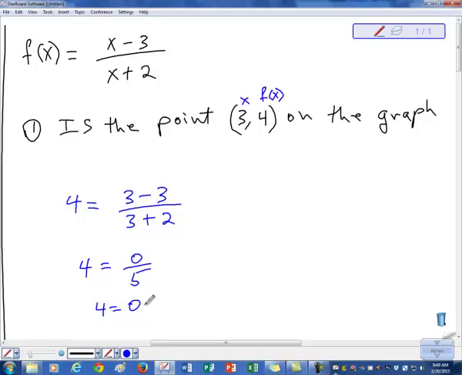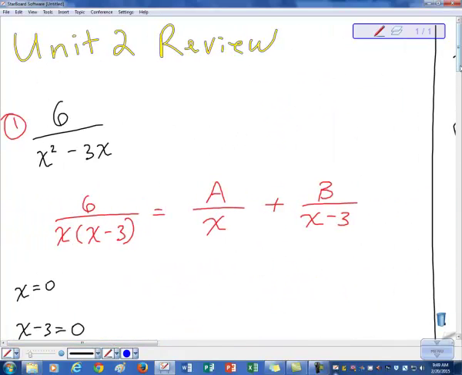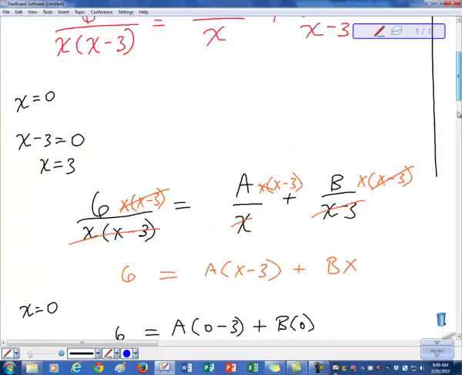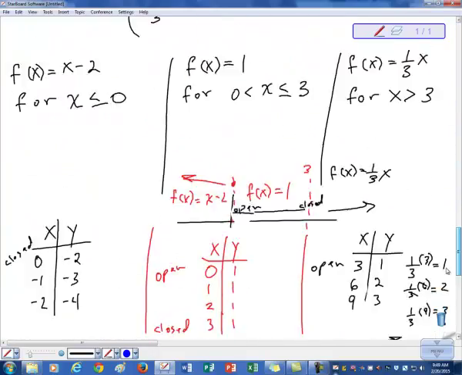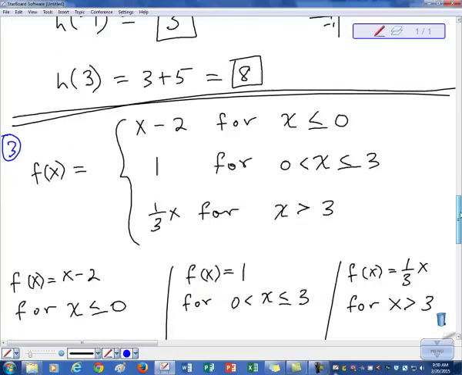So in order for this to be a yes, both sides would have to be equal. Since both sides don't equal, the answer is no. And this was question 3, so this is question 4.